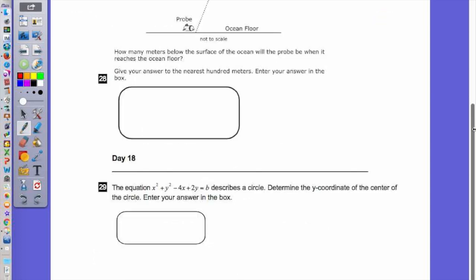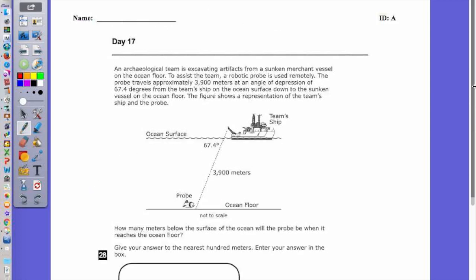Oh, we got a whole story here. An archaeological team is excavating artifacts from a sunken merchant vessel on the ocean floor. To assist the team, a robotic probe is used remotely.